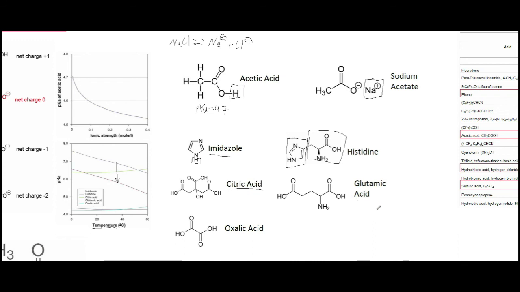The purple one is the glutamic acid, so the pKa of this doesn't change that much with increased temperature. The oxalic acid, which is sort of a double acetic acid together, the temperature doesn't affect the pKa of that as much.